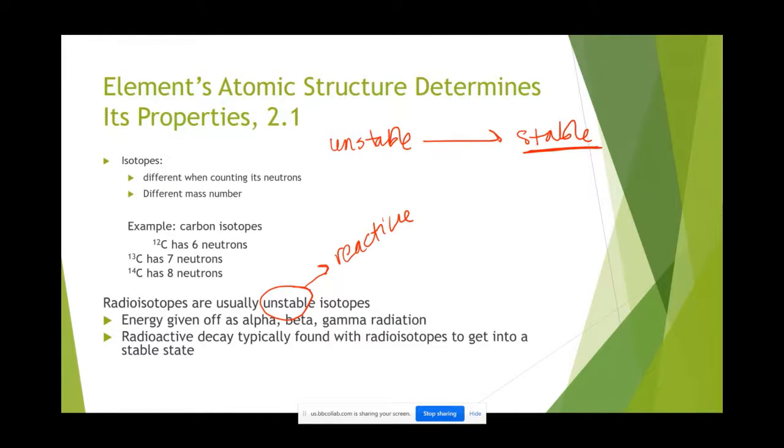So in order to do this, you have to do radioactive decay. When you decay, you're going through a bunch of steps to get to the last stable element that isn't radioactive anymore, okay? And when it does this, it gives off radiation.